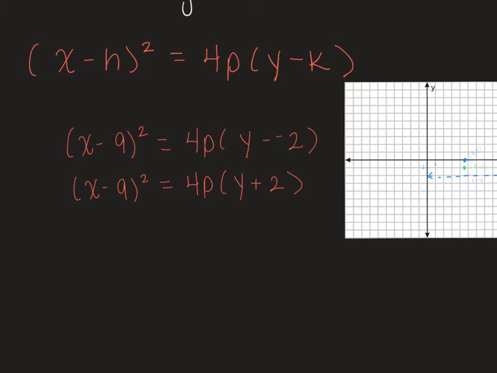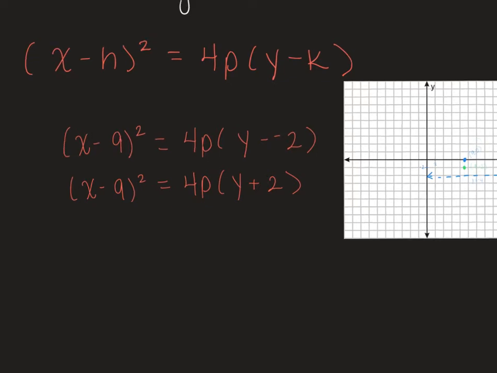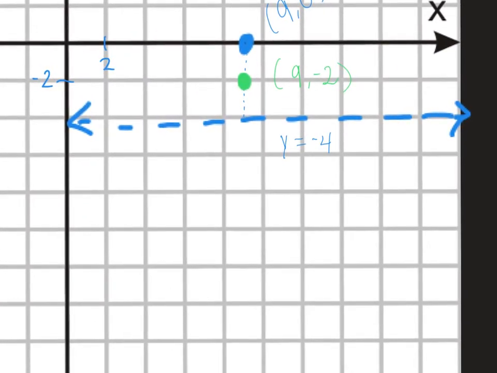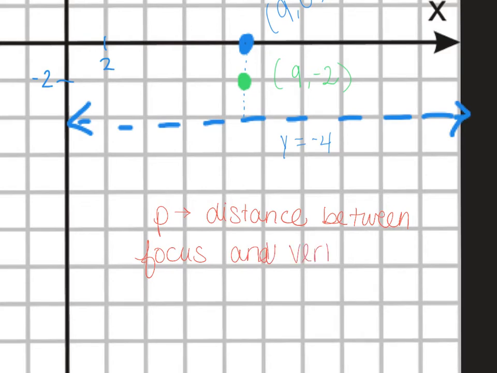All right, so now we do need to figure out what p equals. If you remember that p is the distance between your vertex and your directrix. So for us, our p is -2. So remember that p is the distance between focus and vertex.